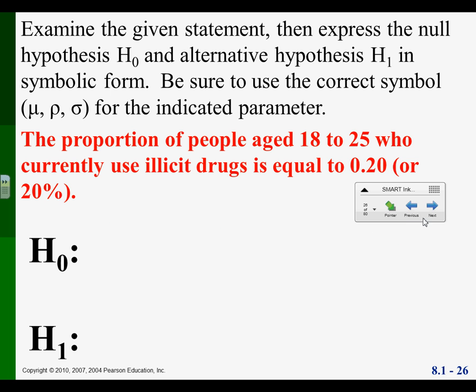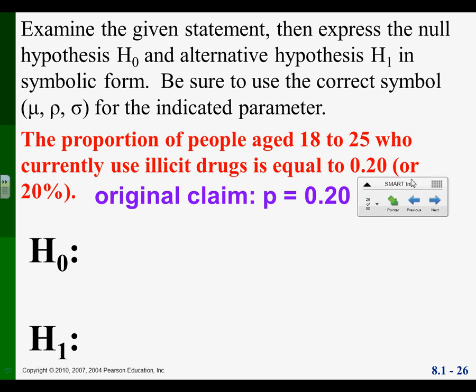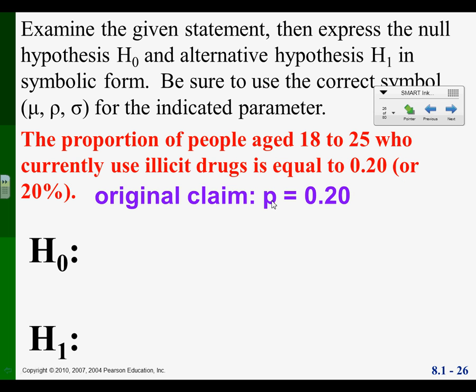I think the null is pretty easy in this case, don't you? I guess the p, right, for the proportion. So the original claim is p equals 0.20.